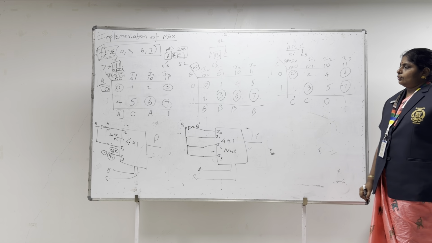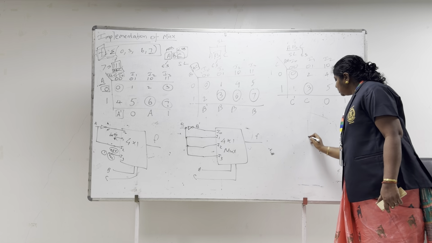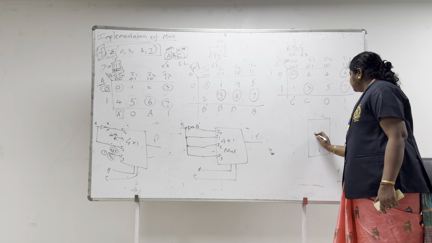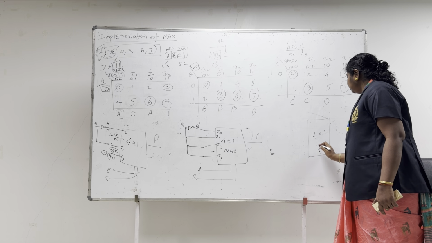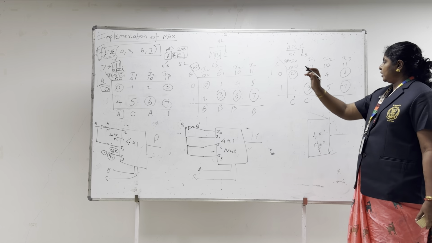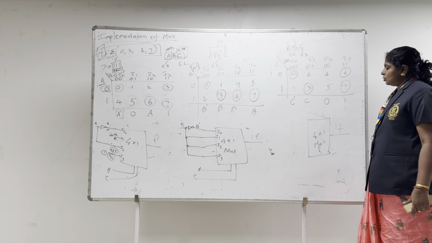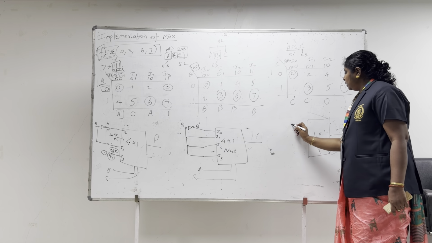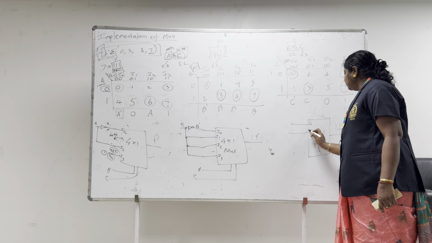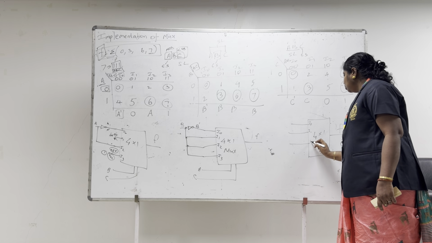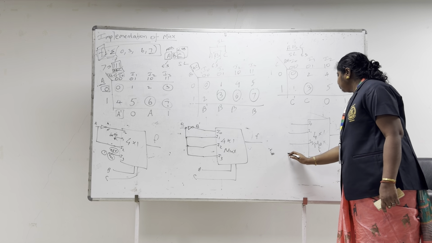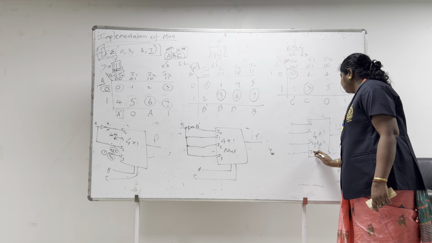Okay, so now for this, the structure will be the same way, a 4 cross 1 mux, one output as I specified, output f, and similarly inputs I0, I1, I2, and I3.